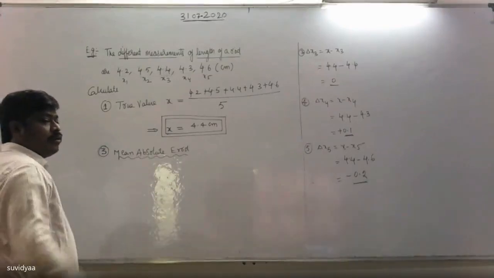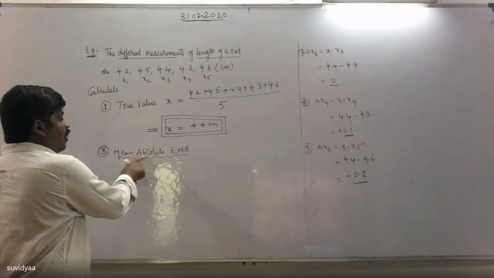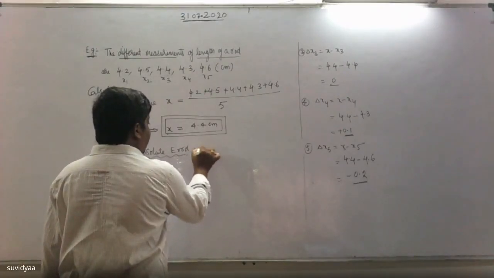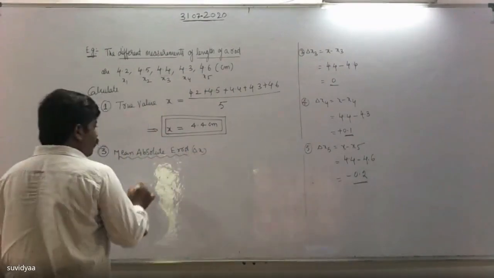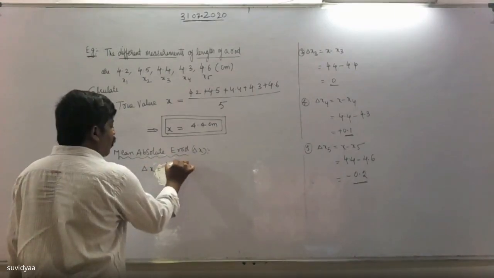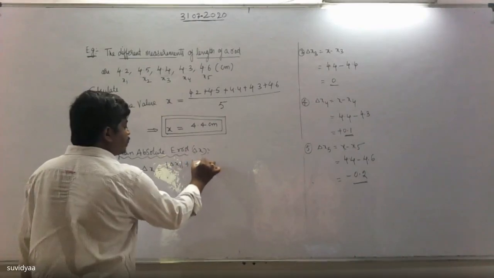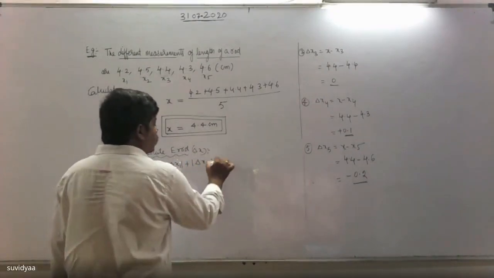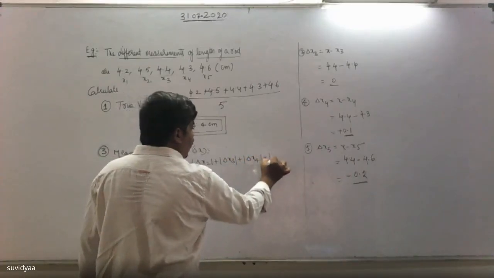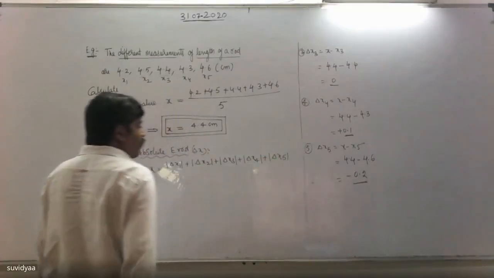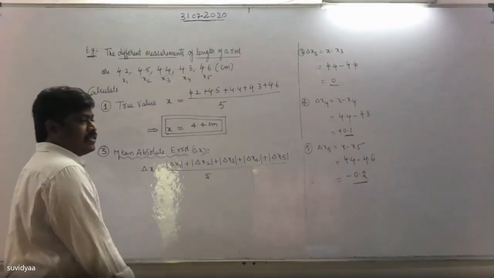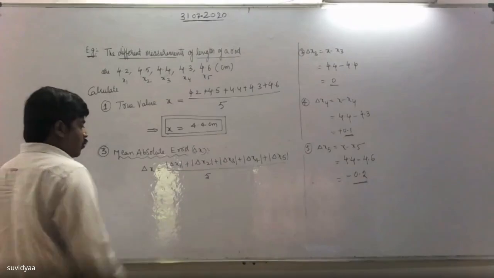Just now I told you the formula for mean absolute error. Delta x is equal to the magnitude of delta x1 plus the magnitude of delta x2 plus delta x3 plus the magnitude of delta x4 plus the magnitude of delta x5, upon how many readings? 5 readings.